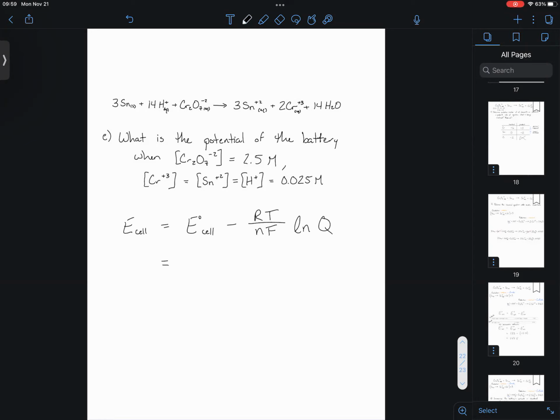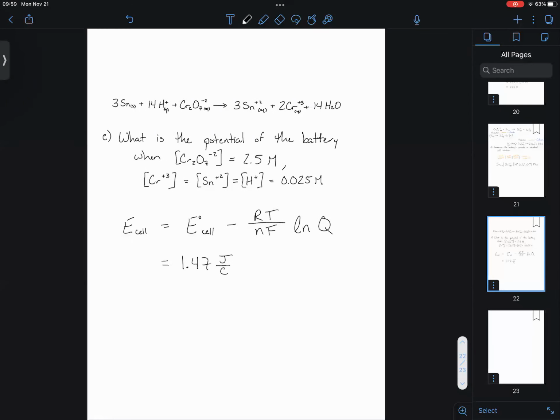That is, what was it, 1.47 or so, whatever. Importantly, this is joules per coulomb, right? It's in volts. So we're actually in joules, which is important because we want to make sure to note that with regard to our R value.